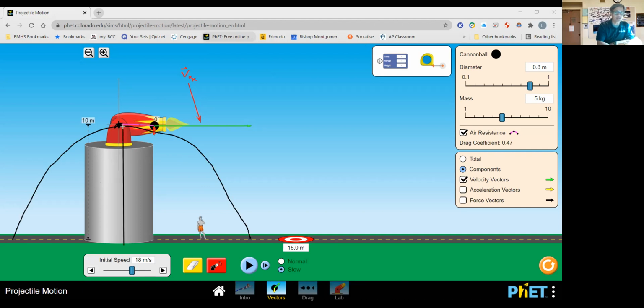So this is still projectile motion, guys. But by elevating the platform, we're going to ignore the upward trajectory, because it's not going to move up. We have already moved it up to that very top spot.